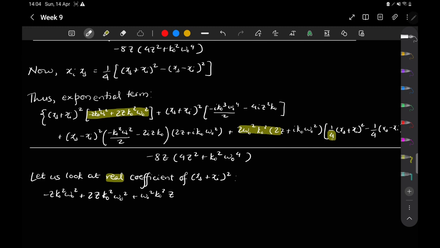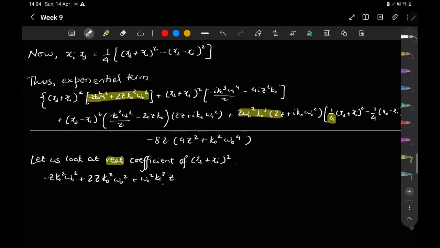This 2 into 2 divided by 4 cancels out, giving just 1. And then the denominator.